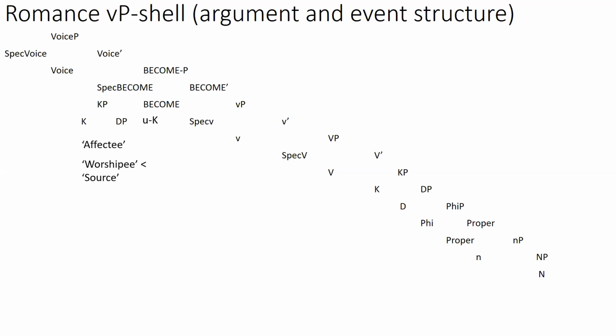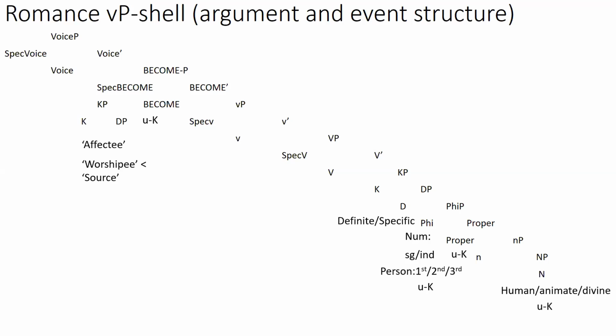If the verb denotes some kind of worship within the religious context, the object, which is originally the source, can be reanalyzed as a worshipee, and here the worshipee tends to be marked by ad. Definiteness, as we saw in these examples, these D elements also select ad. So we put the ad triggers here: proper names, and finally nouns of the human and divine. These can also trigger ad.